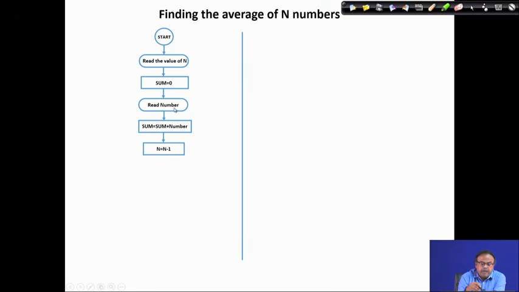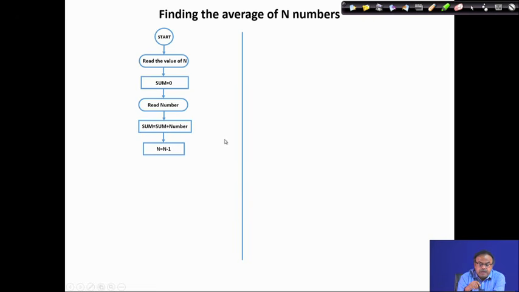So, now I have read one number and I have taken care of that number because I have added that with sum, and therefore, I now decrement that value of n. What does this signify? This signifies that since initially it was 100, I have to read 99 more numbers. 99 are yet to go, right.